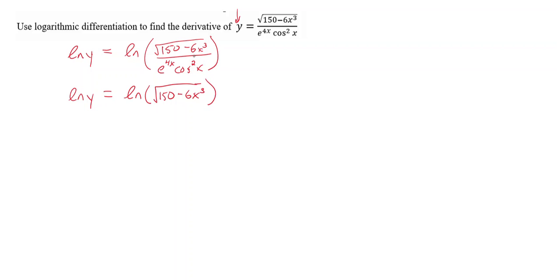And if it's in the denominator, then we're just going to subtract it. But it's the natural log of everything here, so we've still got the natural log of e to the power of 4x, and then minus, because it's still down in the denominator, natural log of cos squared x.